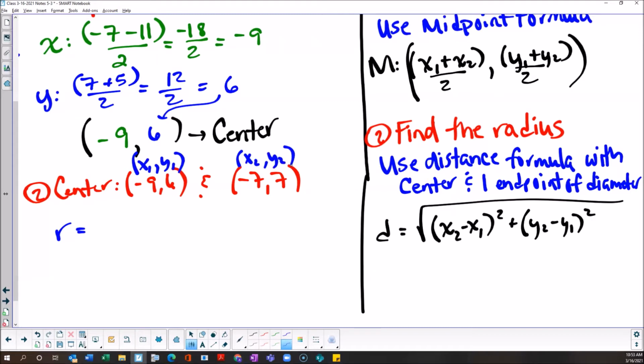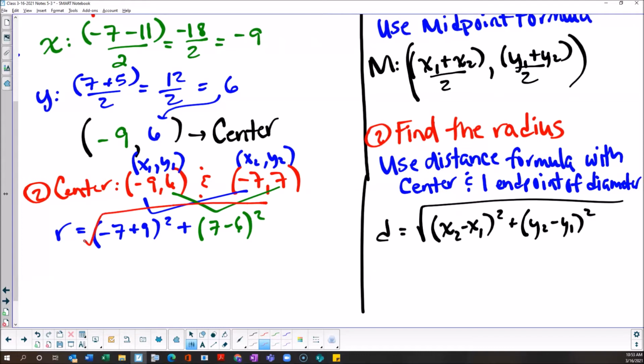So I want to find the difference in my x's. So -7 minus -9. I'm going to square that, plus the difference in the y values, and I'm going to square that. And then I'm going to take the square root of that to get r.